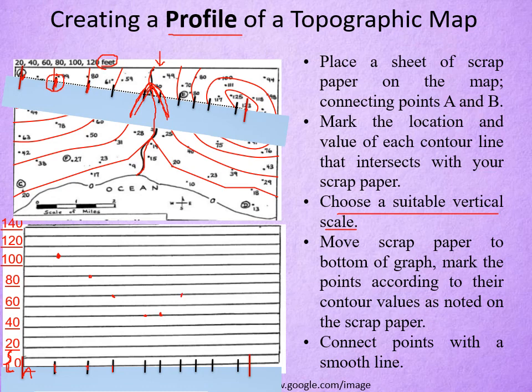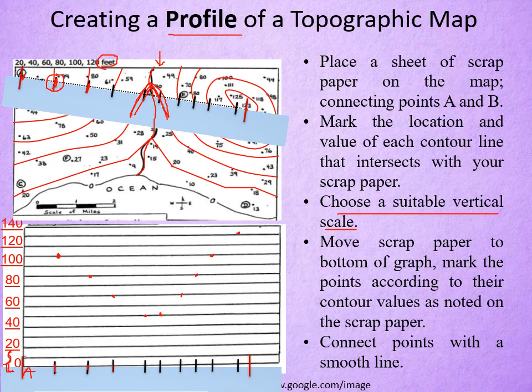Next one is 80, here. Next one is 100, here. And the last one is 120 feet. So these points are plotted vertically from the x-axis to their original altitude values.